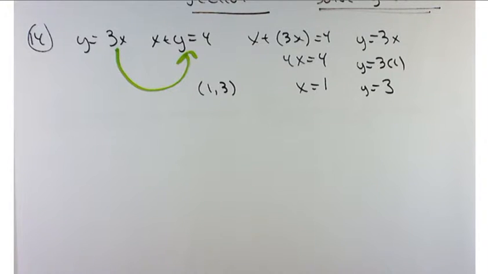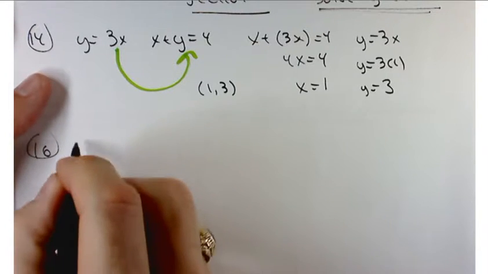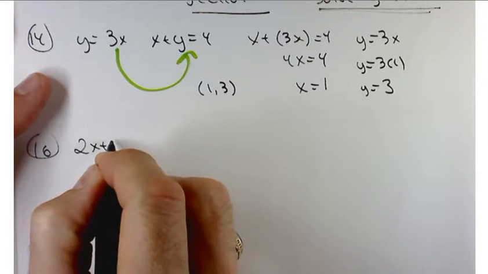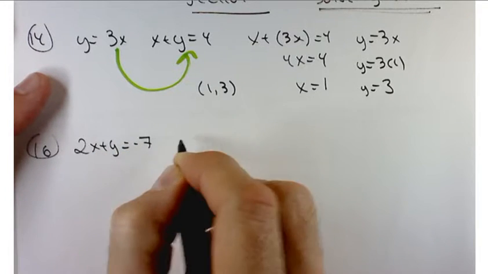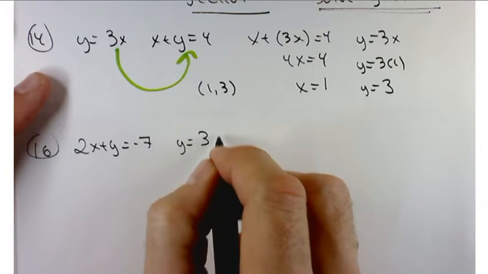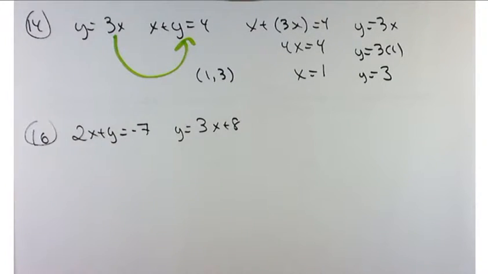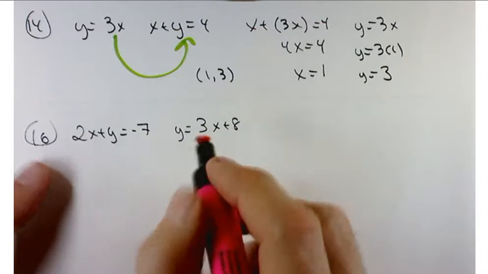Let's try problem number 16, kind of another warm-up problem. 2x plus y equals negative 7, and y equals 3x plus 8. Well, again, the nice thing is that you've got one of the variables solved for. We've got y all by itself here.